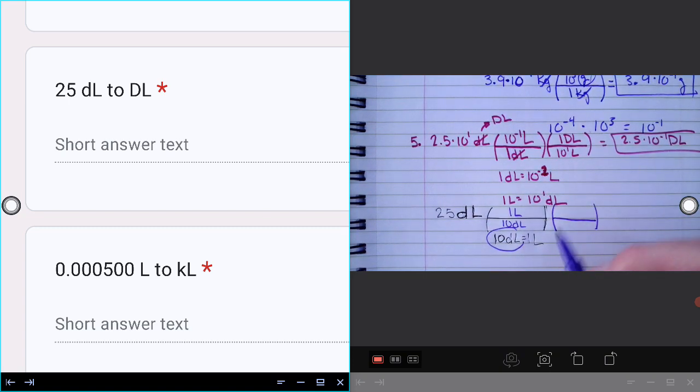Now to go from liters to deciliters, I know that a deciliter is actually 10 liters. So I want 10 liters on bottom and 1 deciliter on top.